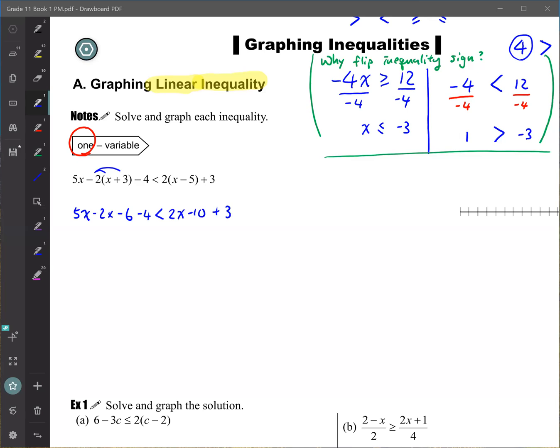Okay, Harry, have you got everything isolated? Not yet. Okay. Move all the x to the left, numbers to the right.